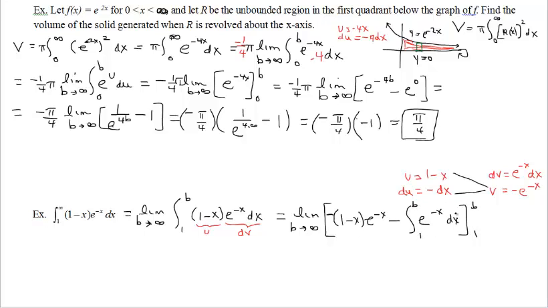But I still need to do some work here before I can actually do the evaluation part. So I'm going to come down here. Like I said, this problem's evil. Let's hang in there with it. The limit as b goes to infinity. Okay, then coming back here and looking at this part of it, I still have some more work to do.